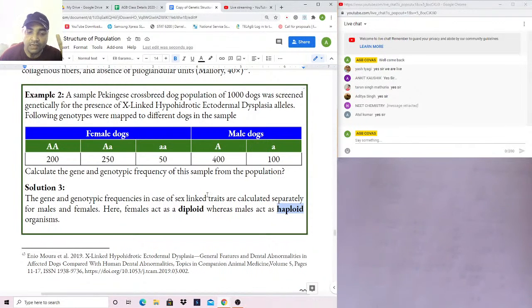Recall that when I was using a dummy variable, the sum of all the alleles must equal 2, but in case of a haploid organism, it becomes 1 instead of 2.